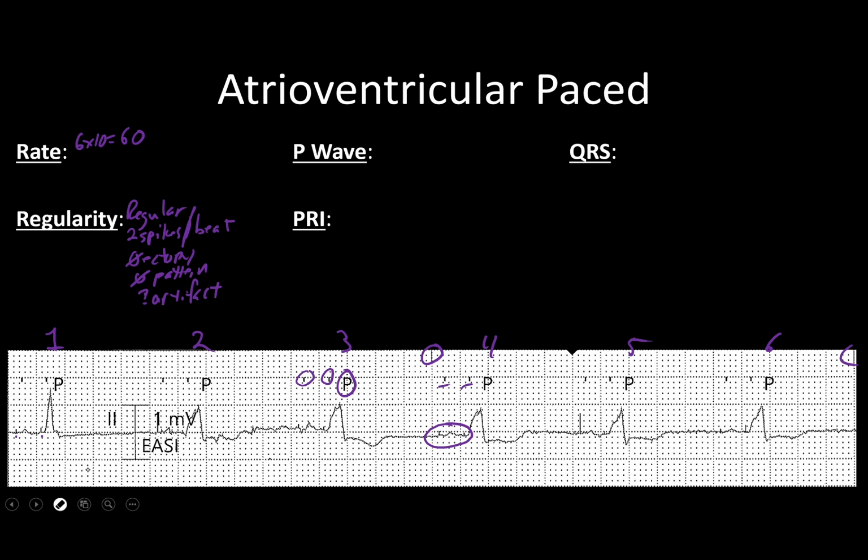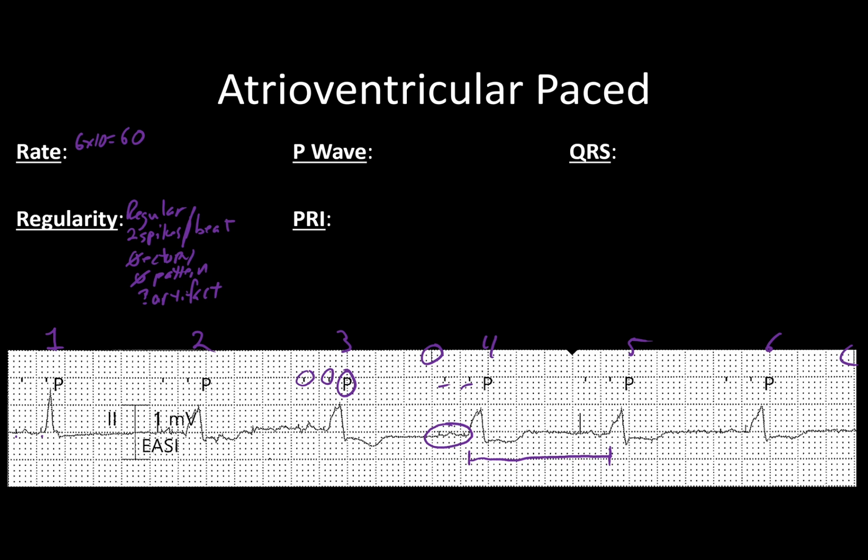So if we're nice and regular looking, what kind of rate do I have? We'll measure between 4 and 5, and I will say about right here. Again, I'm measuring from when the QRS actually begins, not from when the pacemaker fired.